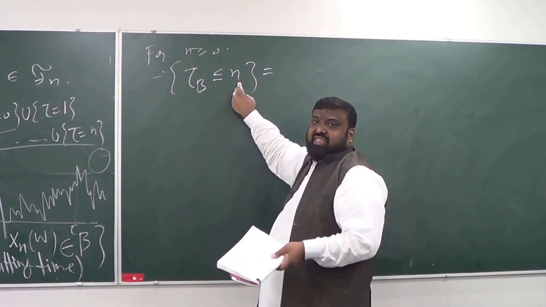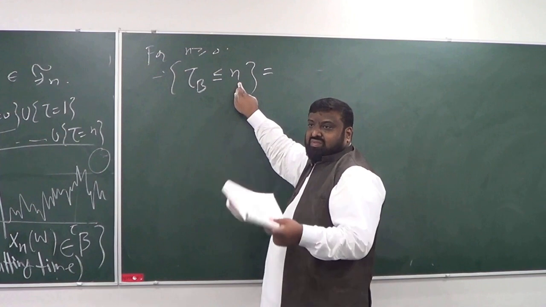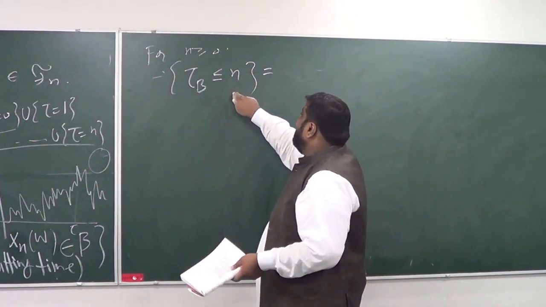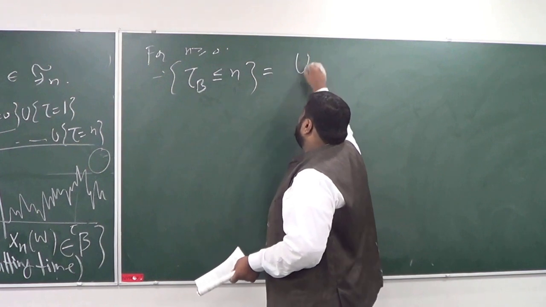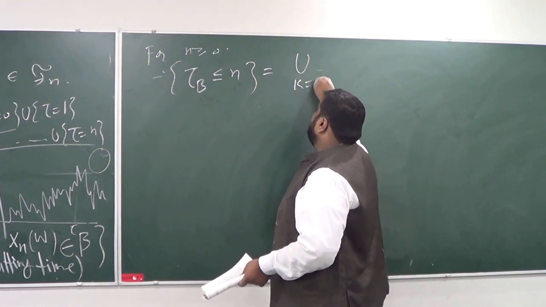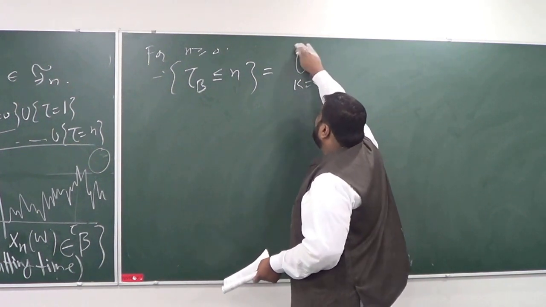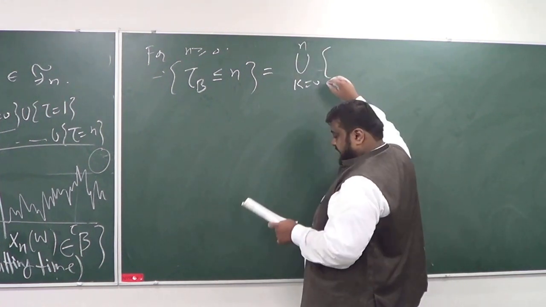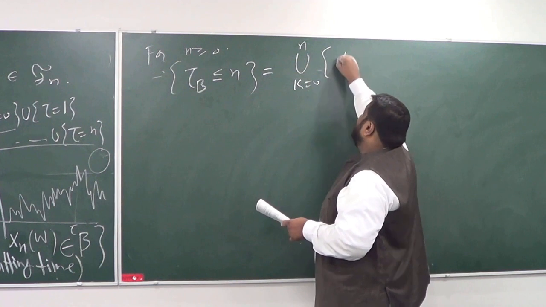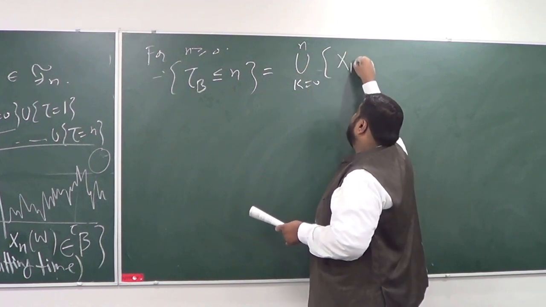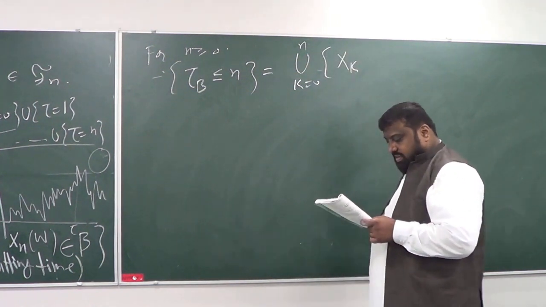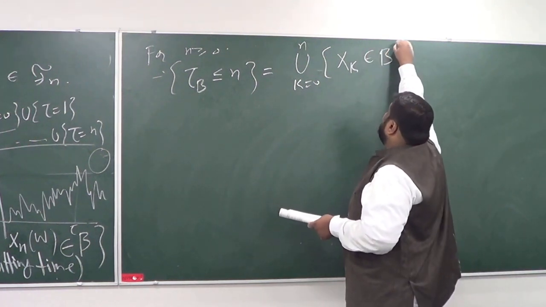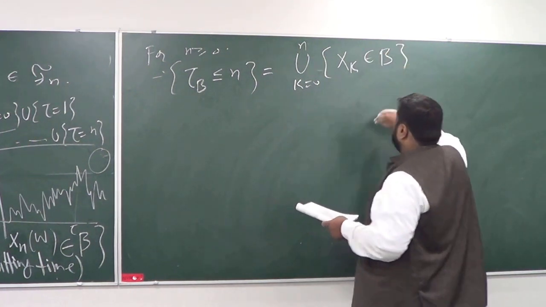At what time can it enter? 0, 1, 2, up to n. Thus I can write this as a union over k equal to 0 to n, such that Xk enters into the ball.